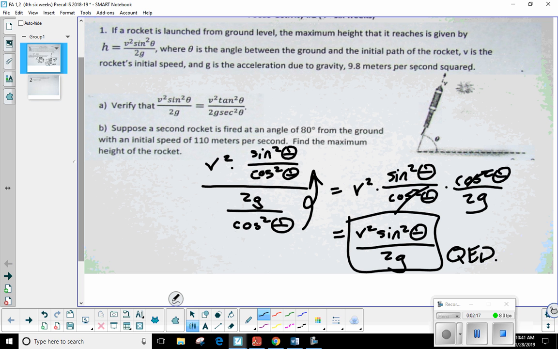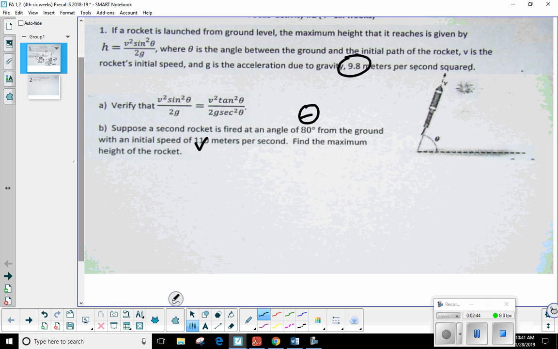Now B, suppose a second rocket is fired at an angle of 80 degrees. Okay, so that's theta. From the ground with an initial speed of 110 meters per second. What variable does that represent? Okay, that's velocity. Okay, so that's v. And then it says find the maximum height of the rocket. So what was g again? Yeah, g was the acceleration due to gravity, and we know that is 9.8 meters per second squared.